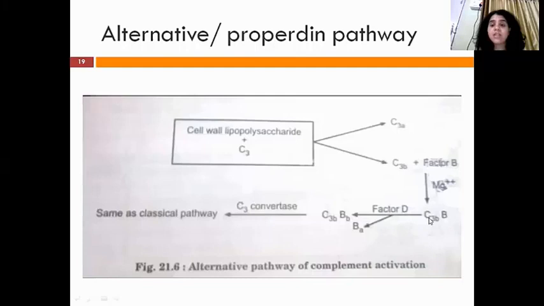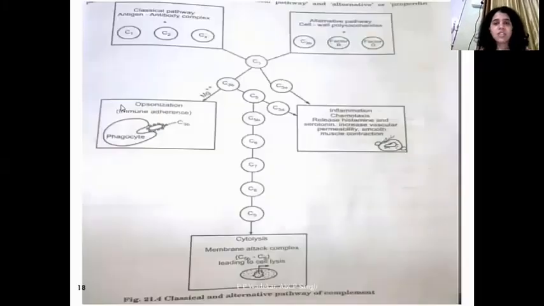This C3Bb is exposed to factor D, which will lead to formation of C3Bb and Ba, and this C3Bb forms the C3 convertase, and further the same classical pathway is followed. So in the initial stage, all this leads to the activation of C3, and the same pathway then continues.